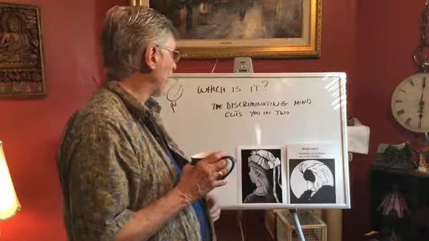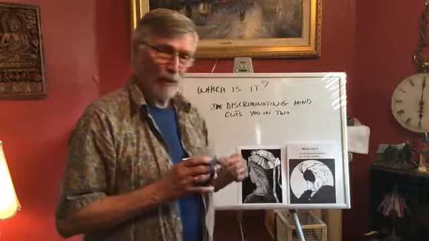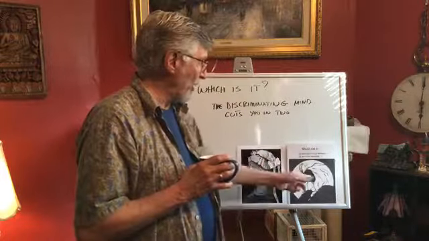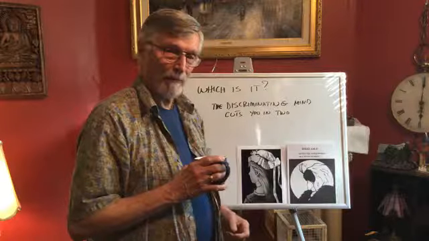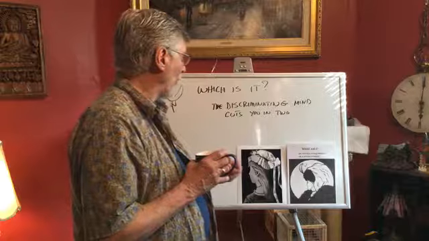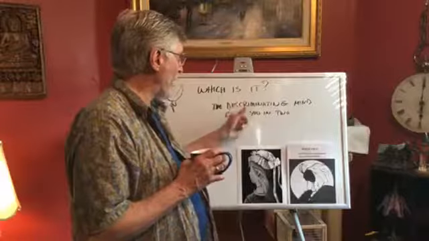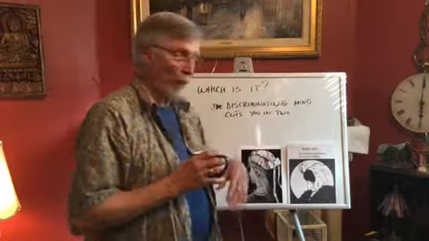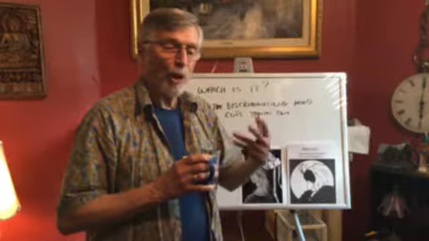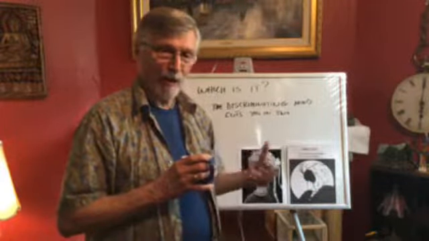So this is called the discriminating mind. The discriminating mind is one that can discriminate between the old woman and the young woman. And you could even say, at least I say, that this discriminating mind came into existence, as told retrospectively, by the Garden of Eden.